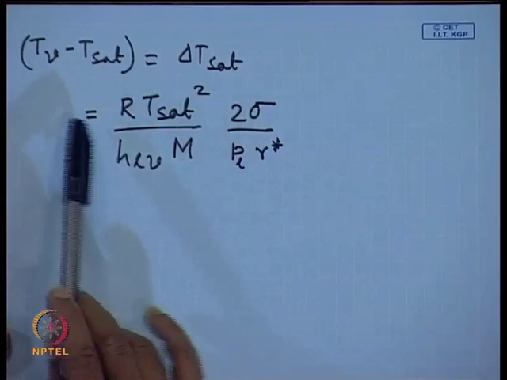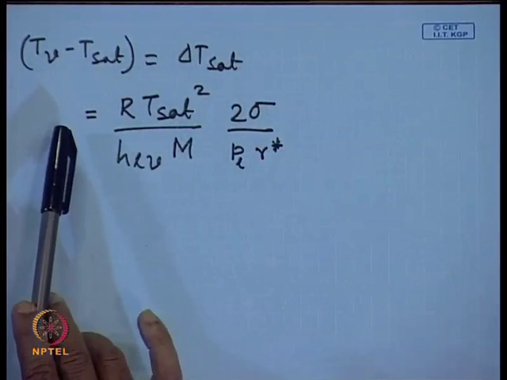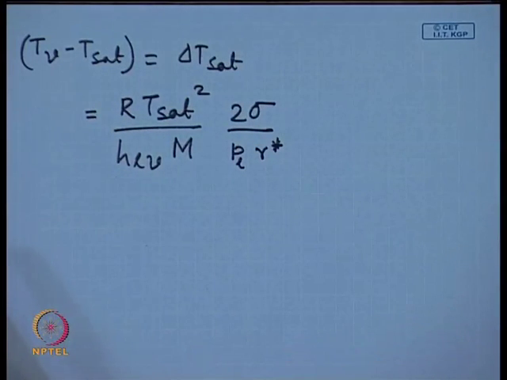So, I am getting a relationship that I need a certain degree of superheat for evaporating or for vapor formation, if a vapor embryo of radius R star is to be produced.